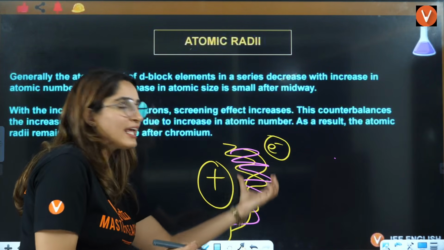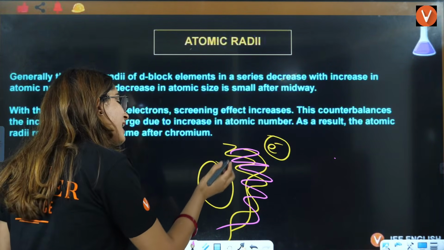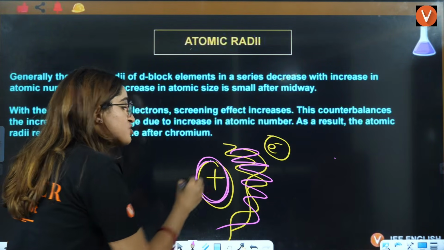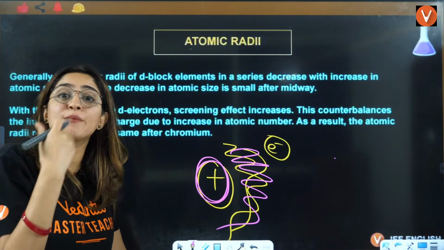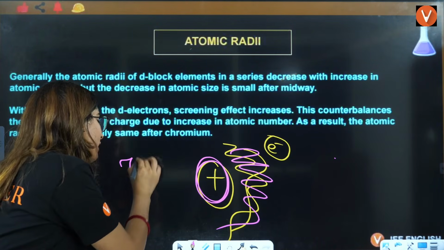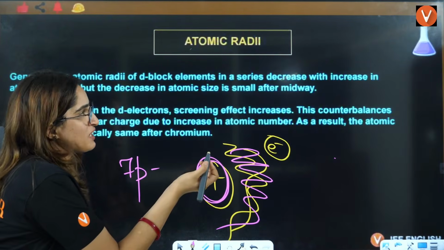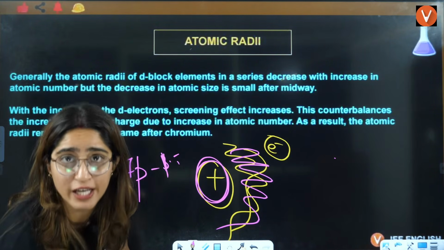Now, this shielding is the shielding effect. How much protectiveness is there, and how much charge this positive nucleus is able to put on this electron. It had 7 protons, let's say, but some 3.5 or 1.5 is the shielding effect.